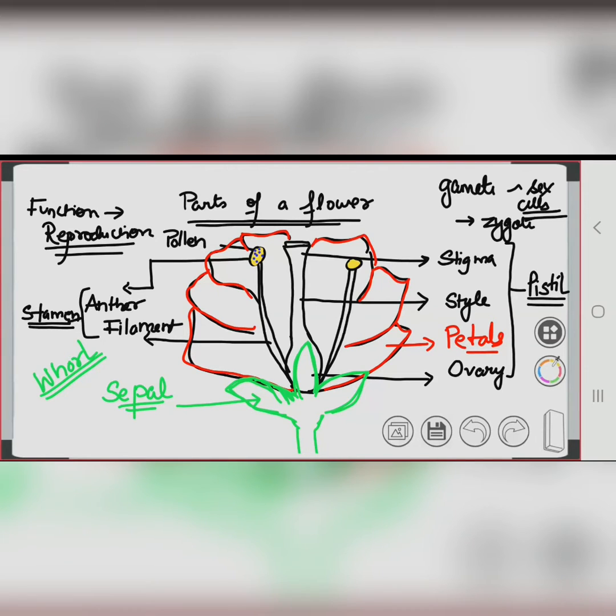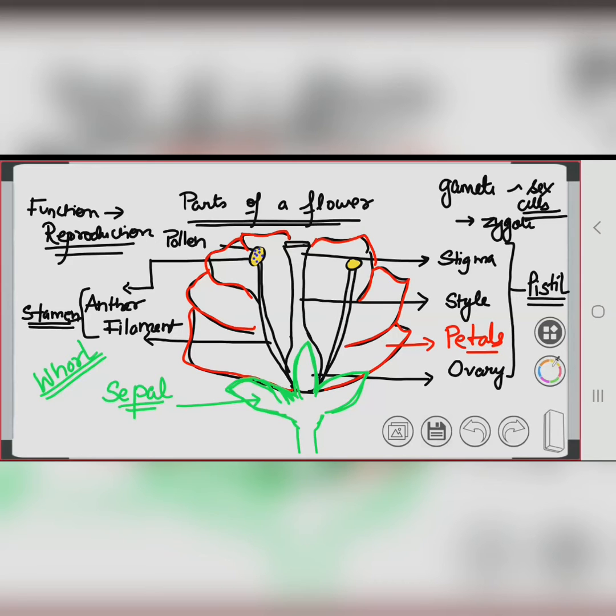Petals are colorful because they need to attract birds and insects. Why? Because, as I just told you, to form a seed, the male sex cells and the female sex cells, or the male and female gametes, need to fuse.